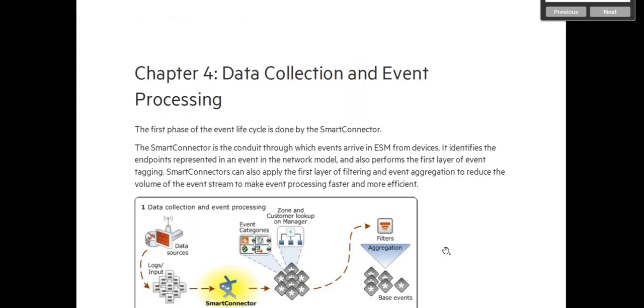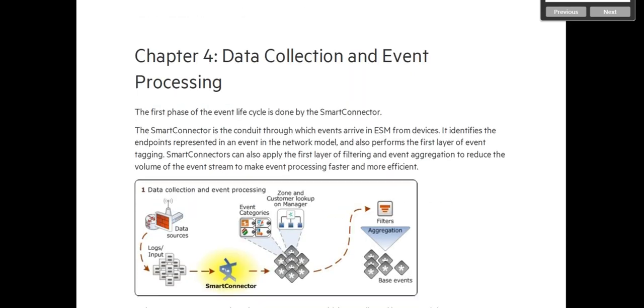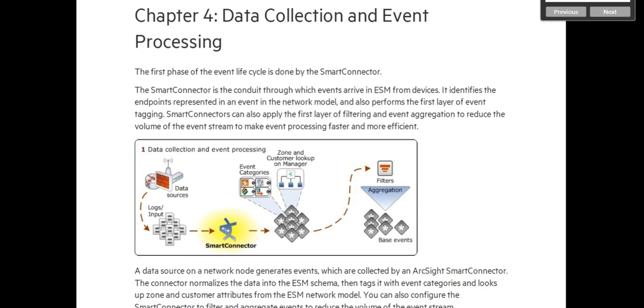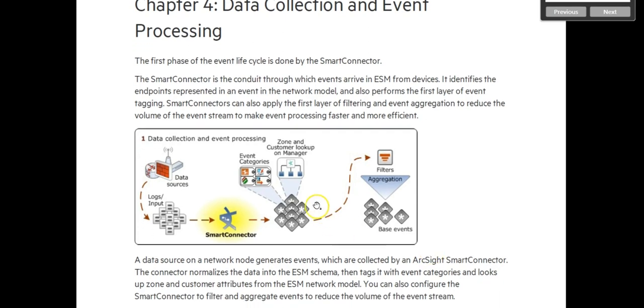So coming back to our new lesson, data collection and event processing. Here is the first phase. The smart connector is the channel through which the events arrive in the ESM from the data sources. So you have the data source here, sending some logs to the smart connector.